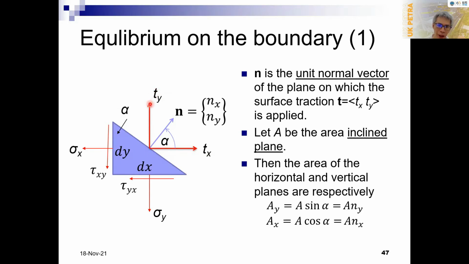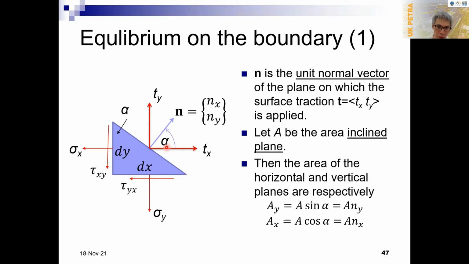And this traction is applied on an area, let's say A, the area of the inclined plane. Let's say the components of the unit normal vector are nx and ny, with the angle alpha.